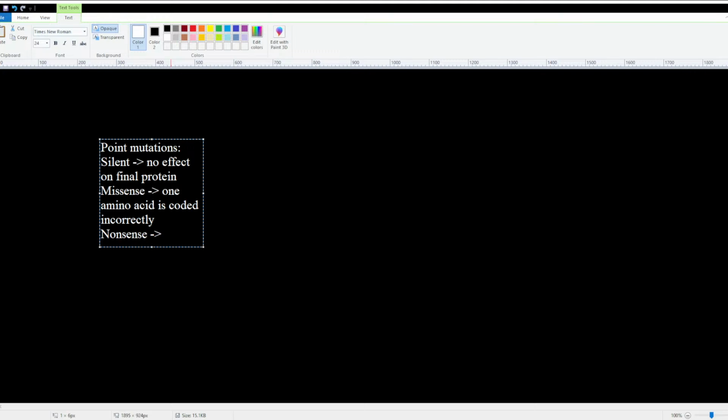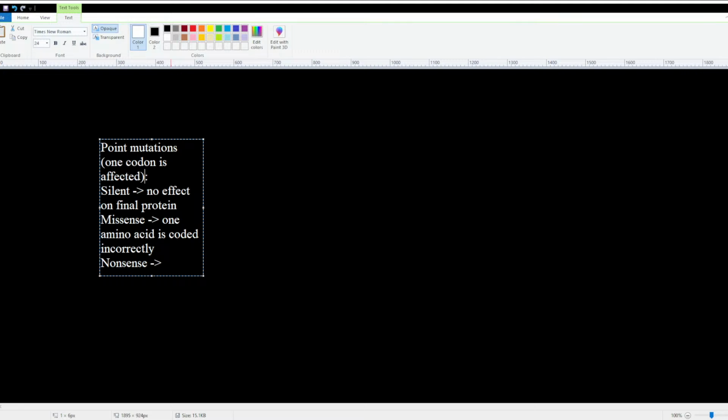When we're talking about point mutations, that is one codon that's being affected. So let's write that down. Now we're talking about nonsense: the codon now codes for a stop codon.